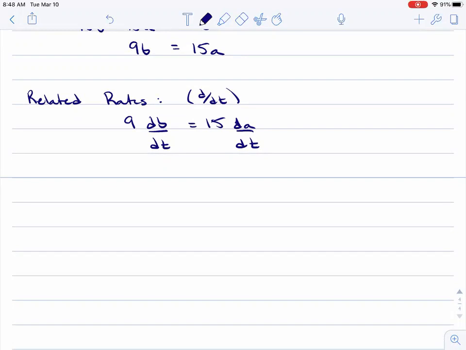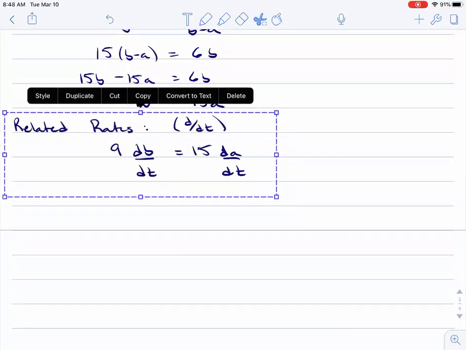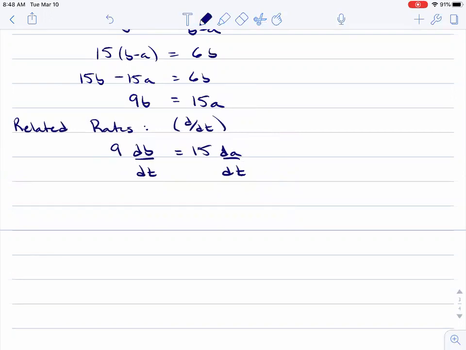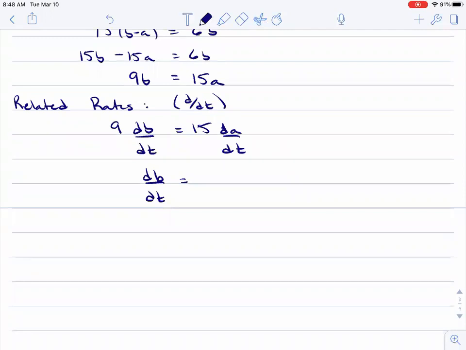But then, just to have it all on the same page, I just need one more line. dB/dt is 15 times dA/dt, but we know dA/dt is 5, and then divided by 9. Maybe I needed another line.